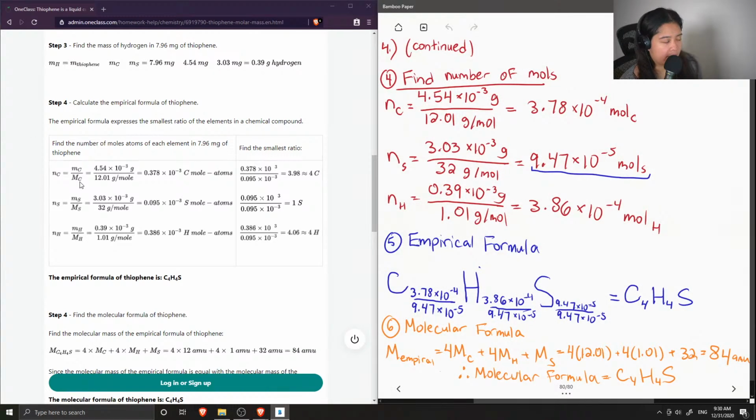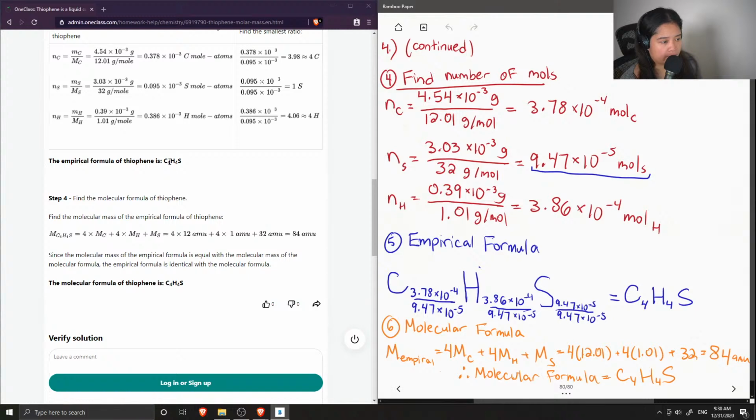So they found the number of moles of each of the different elements. Okay, and they got the same values. And then they found the smallest ratio. So the lowest number of moles was the sulfur. And then they divided everything by that.